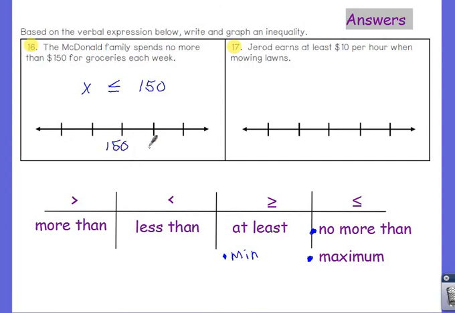What do you want to put here? 175. You're counting by 25s? We could count by 25s, but I just don't feel like counting by 25s. Let's go 160. Could I have counted by ones? Yes, I could have. So here I counted by tens.